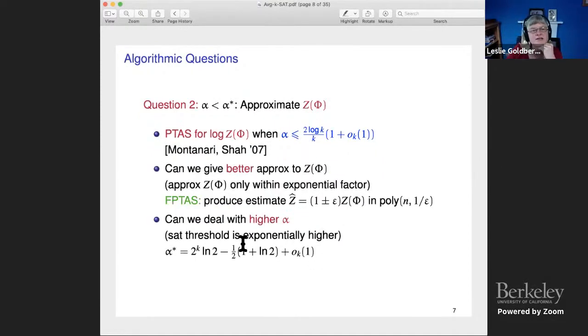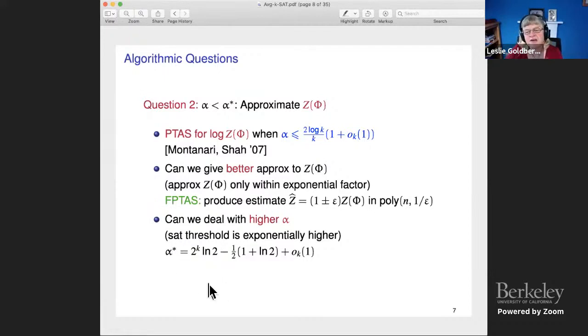All right, so in this work we have 2 questions that we wanted to answer. One is that we wanted a better approximation to Z. If you approximate the log within 1 plus or minus epsilon, of course, you're still exponentially off on Z. So we were hoping to get a good approximation to the number of satisfying assignments itself. And that's what we do.